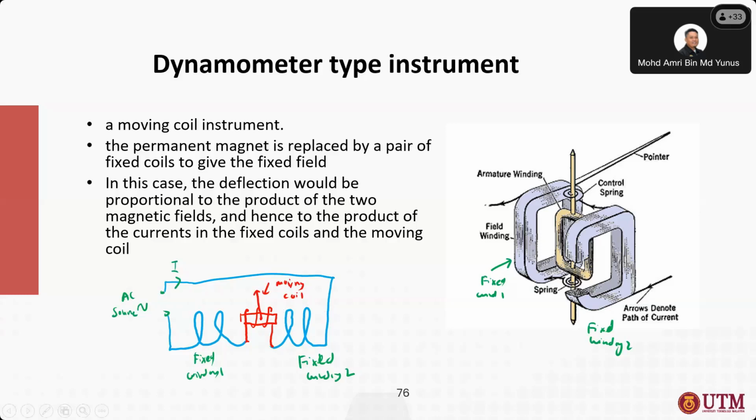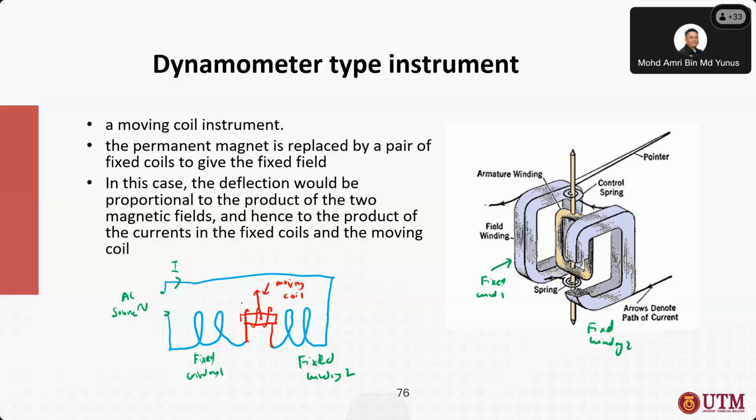So as I explained before, the movement of this dynamometer type instrument that can be used for a wattmeter is basically the coupling between the magnetic field produced by both fixed windings with the moving coil.